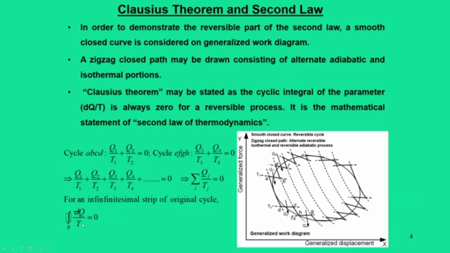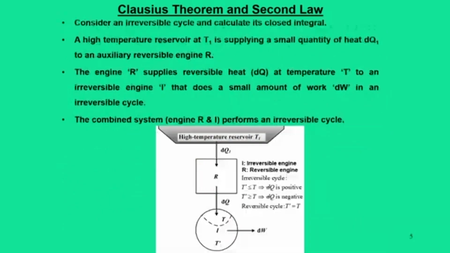The combined system consists of the engine as well as the reversible engine. Another important point to emphasize is that when T dash is equal to T, dq is, from the second law, the conclusion we make. When you talk about this reversible and irreversible engine, the system receives dq and produces an amount of work.